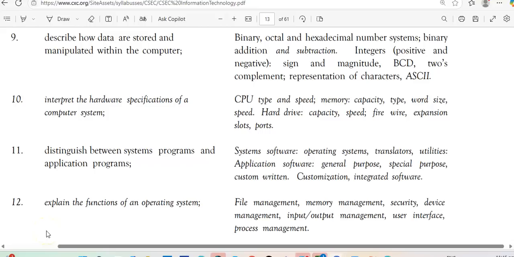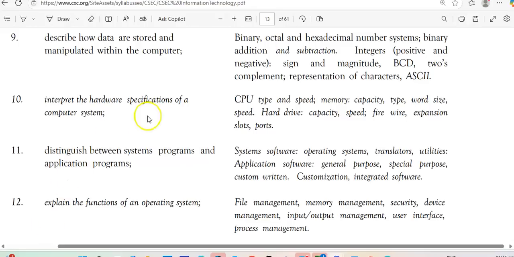A computer system's hardware specifications refer to the physical components that make up the system and their characteristics. Understanding these specifications is crucial for purchasing, troubleshooting, and optimizing computer performance. So we're going to look at the key hardware specifications of a computer system.